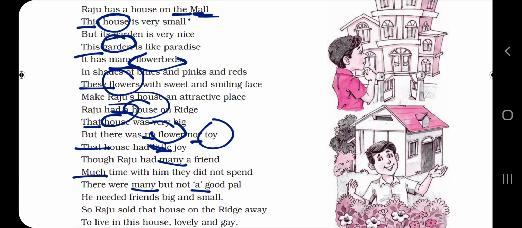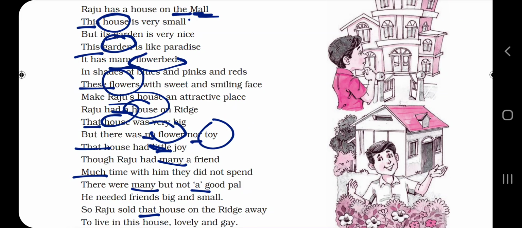Pal means friend. He needed friends, big and small. So Raju sold that house on the ridge away to live in this house, lovely and gay. A lovely poem. This poem indeed is a beautiful poem, but here we will now see.